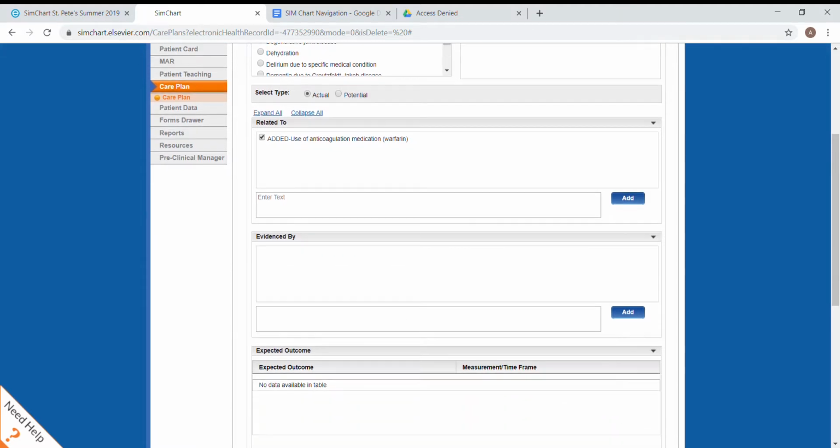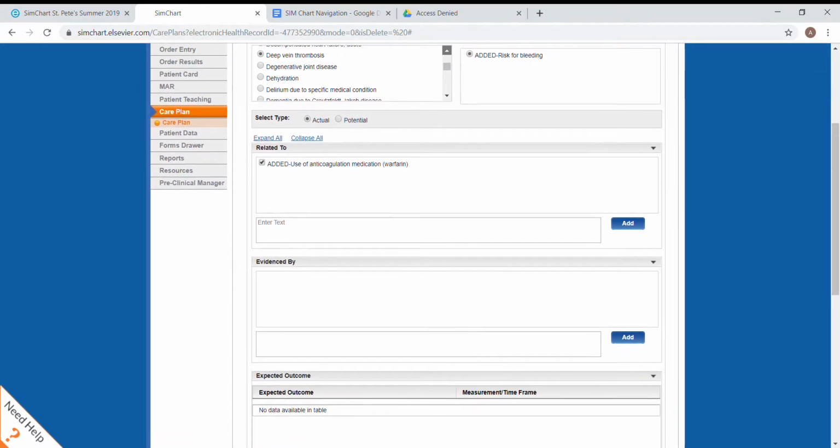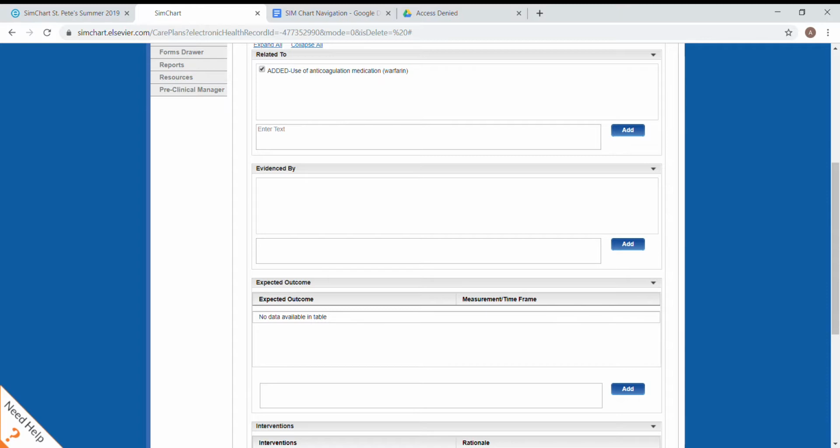So that's why there's nothing there for me. And there's not really going to be any evidence that you can justify with risk for, but you can always add things like patient or orders to monitor PT-INR.